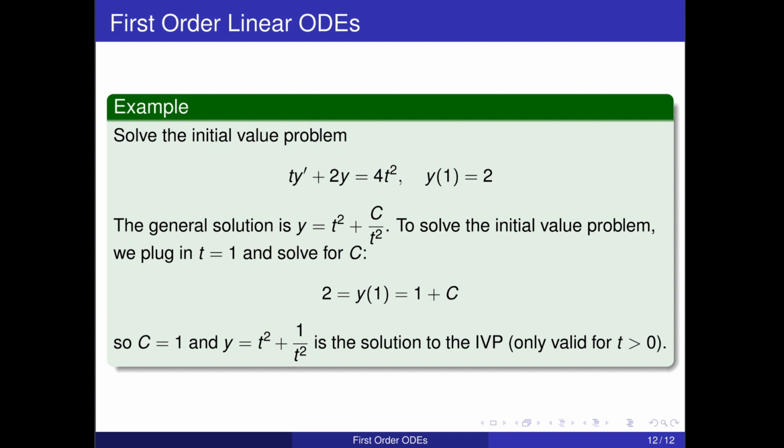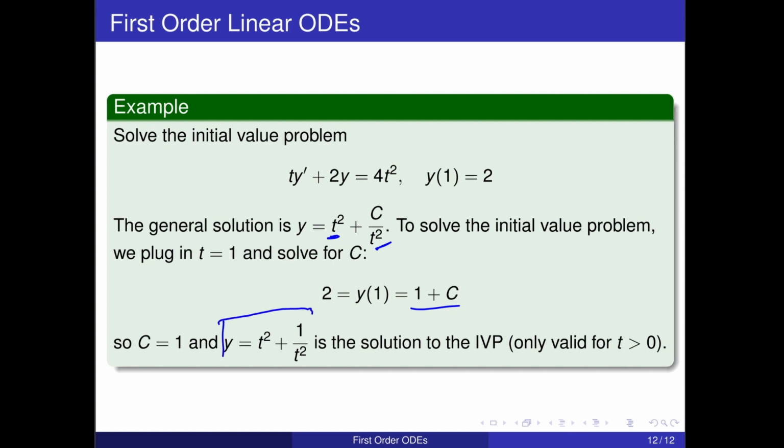So the general solution, we have y is t squared plus c divided by t squared. So y of 1 is supposed to be equal to 2. And if we plug in y of 1 into this equation, this t squared is just 1. This other t squared is also 1. So we end up with 1 plus c. All right, so 1 plus c is equal to 2. That tells us that c is equal to 1.